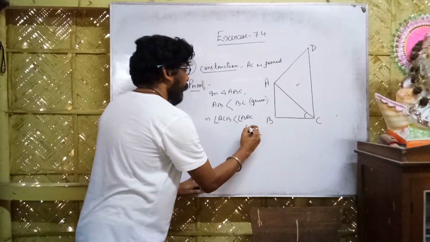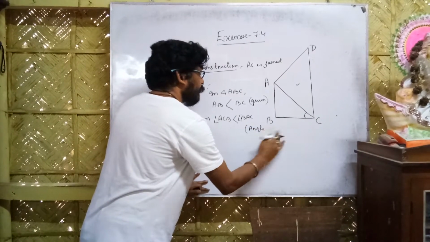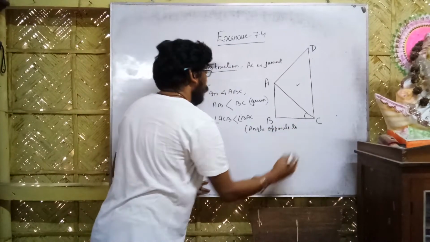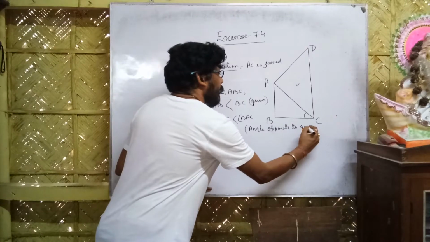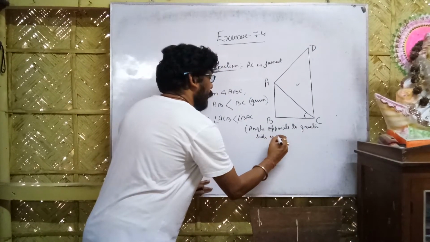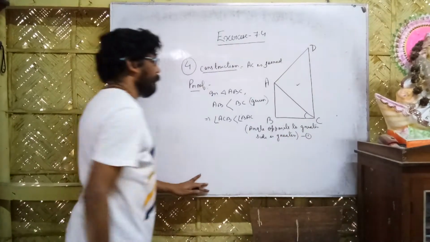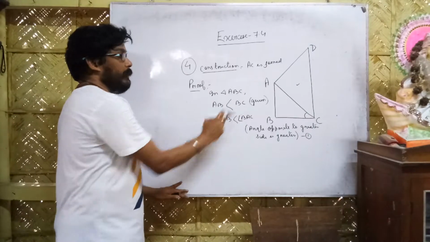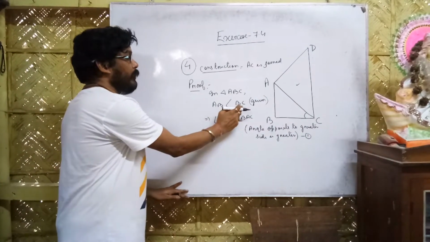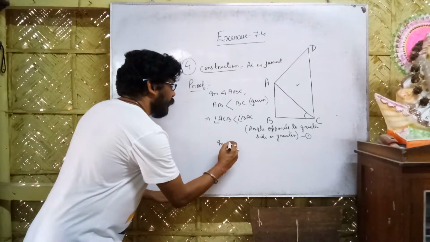You will write here angle opposite to greater side is greater. Equation 1. AB is less than BC. This is the side. So opposite to this side, this is the angle. This is equation 1. Now we will go for the other triangle.